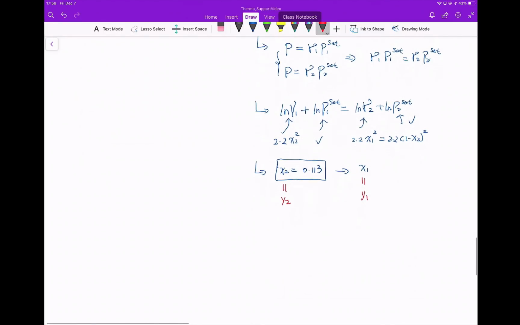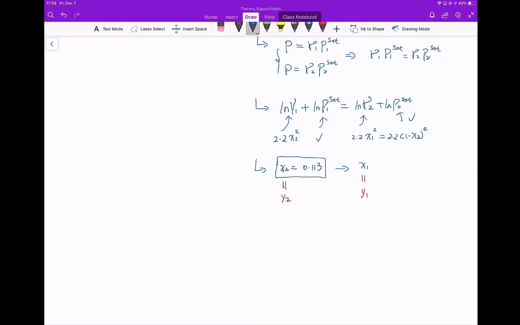In order to have the P total, as we have over here, we can pick any equation for component 1 or component 2. This is activity coefficient times P1 sat, and we can evaluate their values.